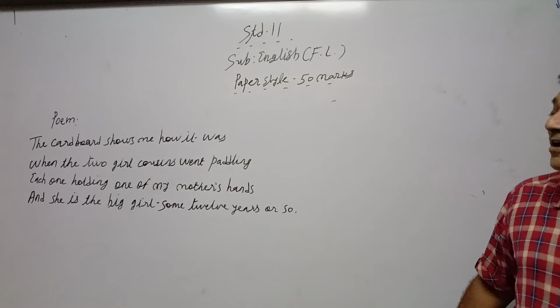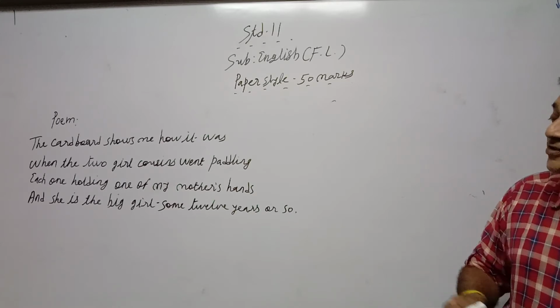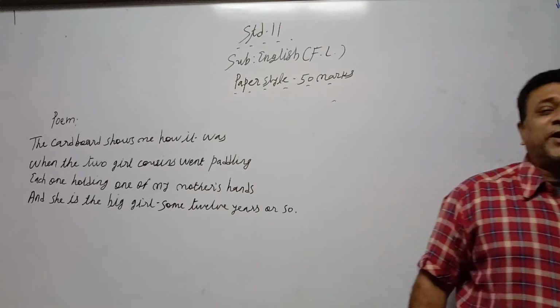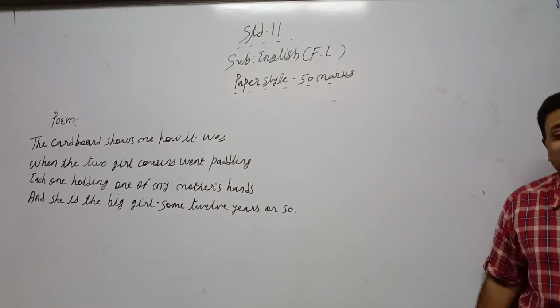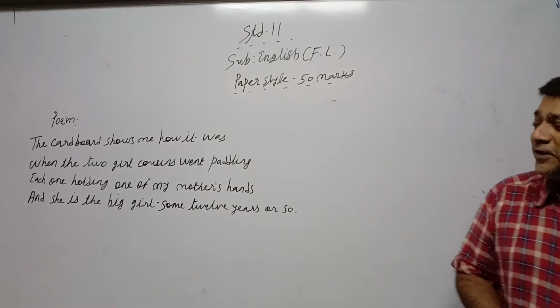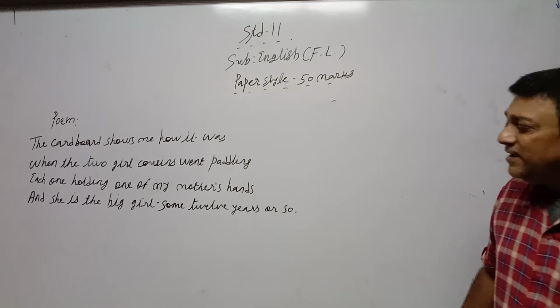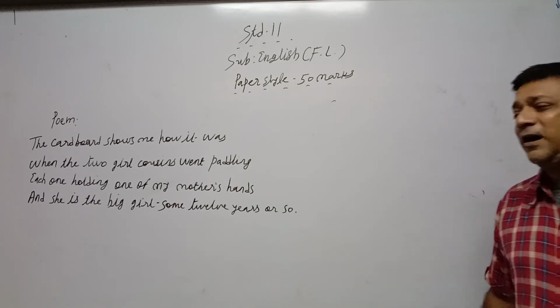We can say now, reading this stanza, that the poet has seen a photograph of her mother, and in that photograph, her mother is 12 years old. They are on a beach holiday, and with her mother, there are two more girls who are holding either hand of her mother.